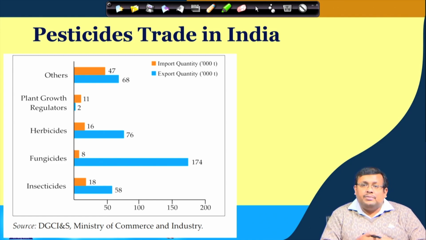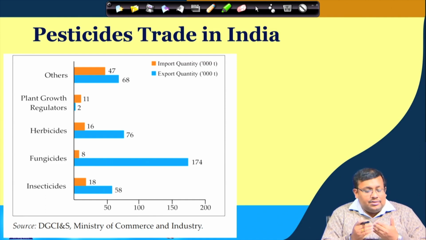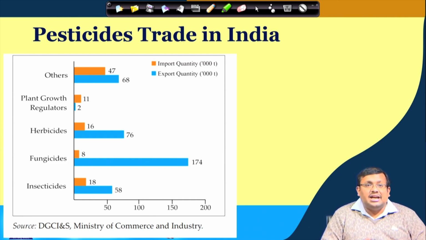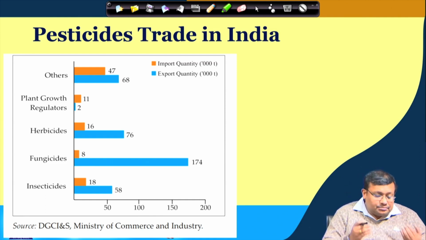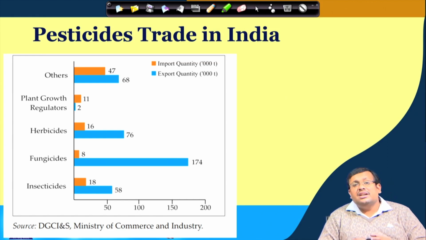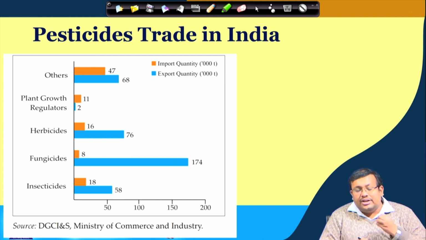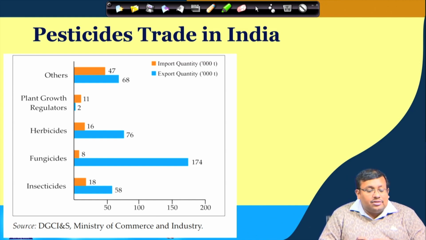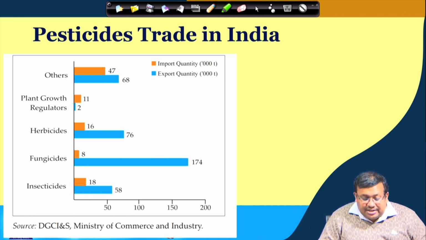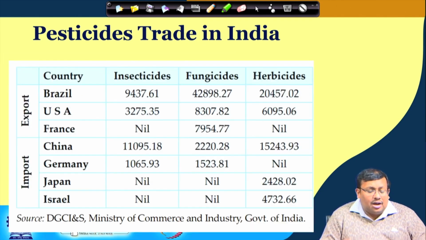However, it also imports different types of pesticides, like 16,000 tons of herbicides, 8,000 tons of fungicides and 18,000 tons of insecticides. As far as plant growth regulators are concerned, India exports only 2,000 tons, but imports 11,000 tons for its use.